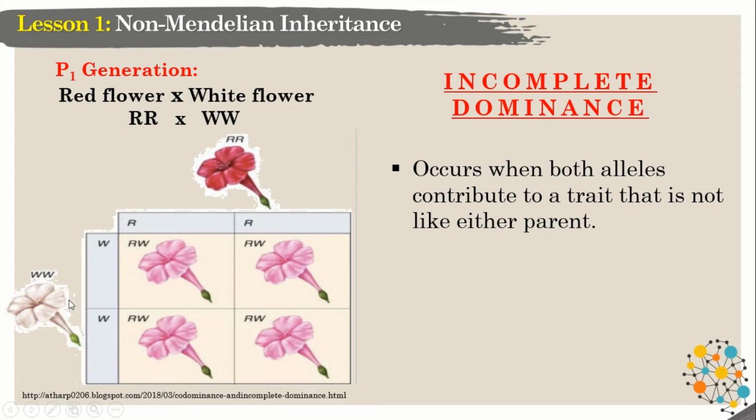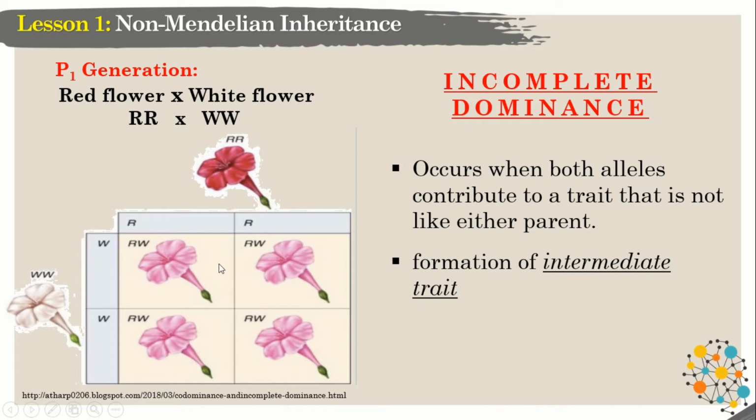That is incomplete dominance. You formed a new trait, and that is what we call an intermediate trait. A new trait that is different from the parent. So, if the parents are red and white and the offspring is pink, this is called an intermediate trait.